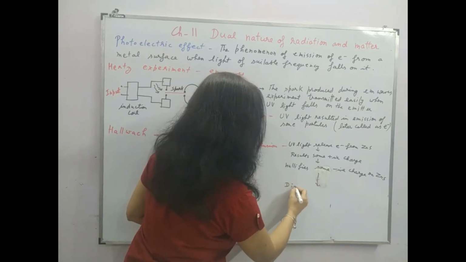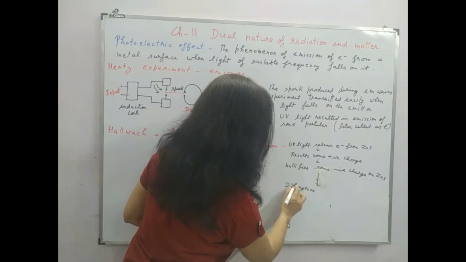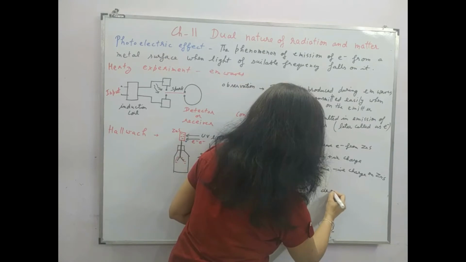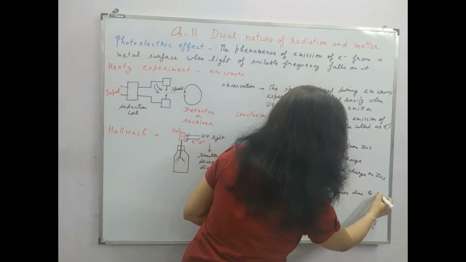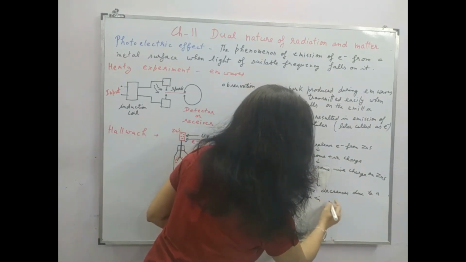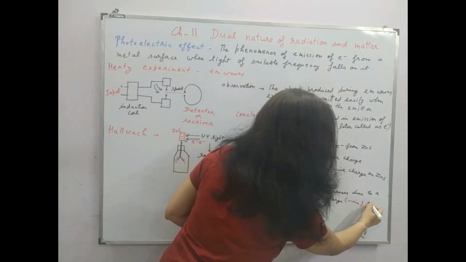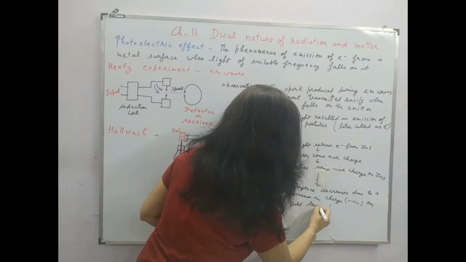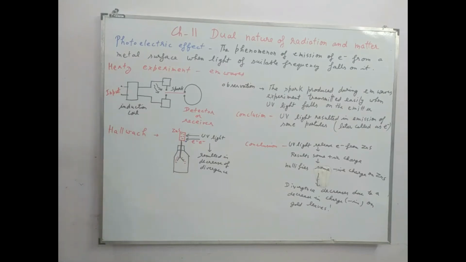Therefore, divergence decreases due to a decrease in the negative charge on the gold leaves. So this was another result which was given by Hallwachs.